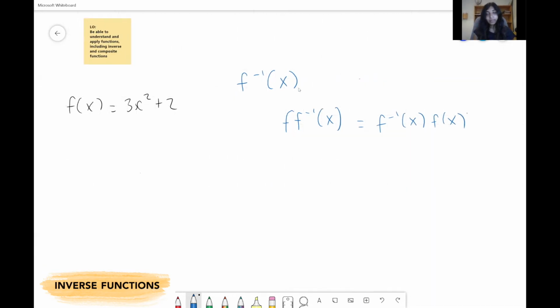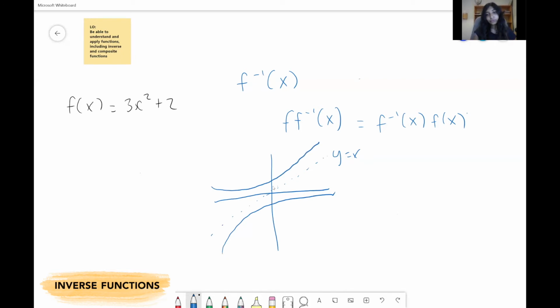And you just remember that when you're trying to draw the inverse, that is just the reflection of that graph in the line y is equal to x. So let's say you had a graph that looked like this, and you wanted to find the inverse of the function, you just reflect it in the line y equals x to get it so it looks something like that.